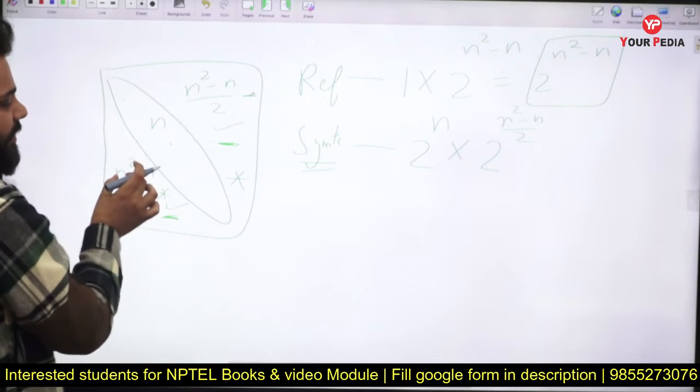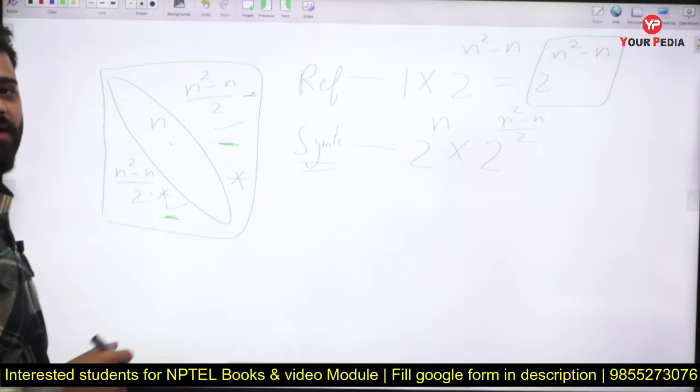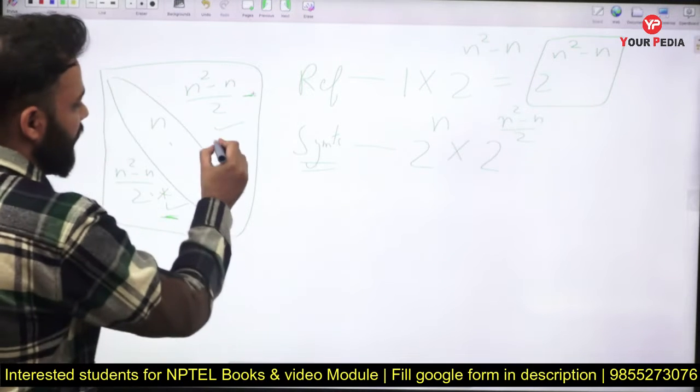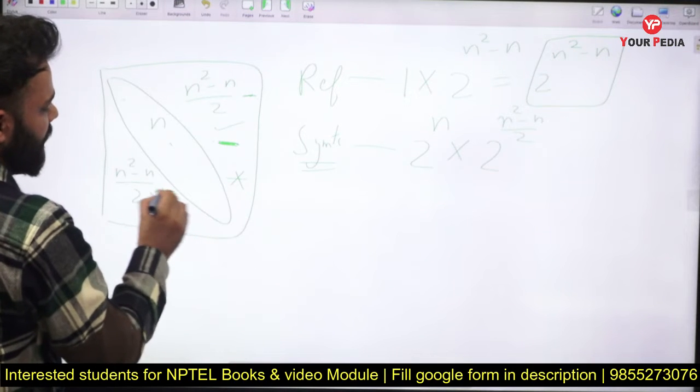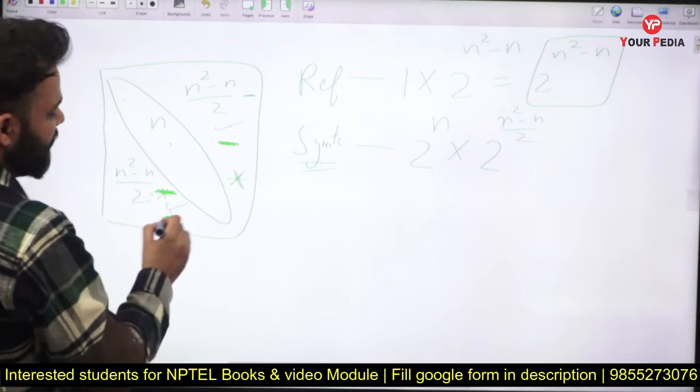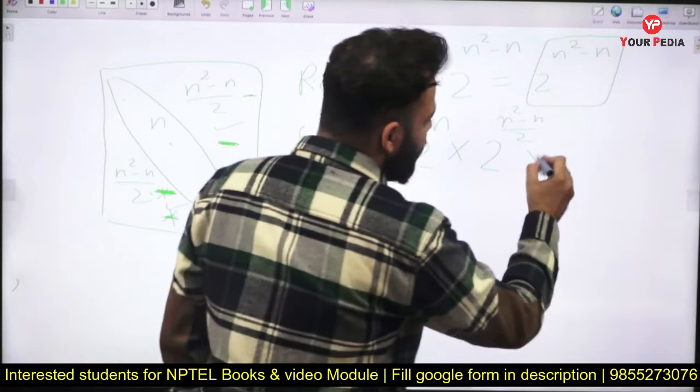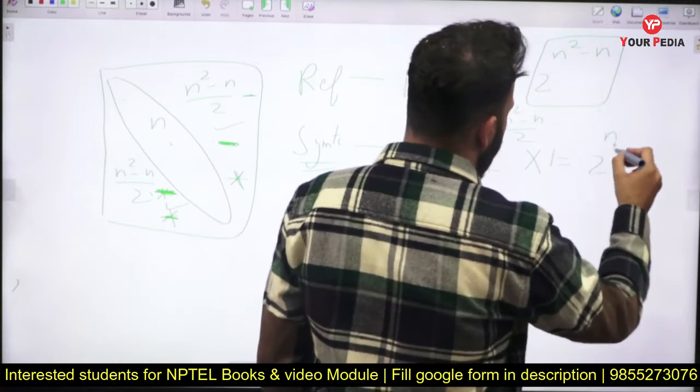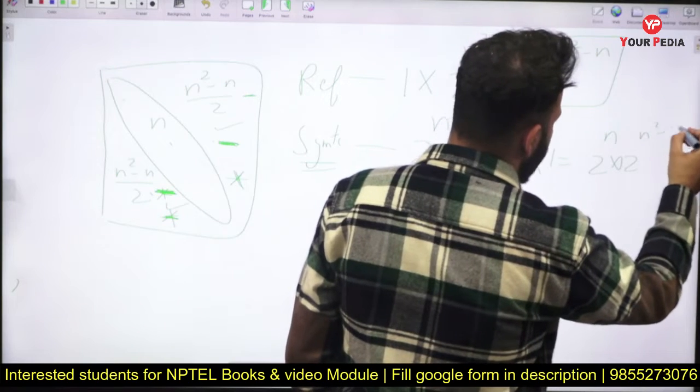If they are present, they will be present. If they are not present, they will not be present. In case of symmetric, if this is present, this should be present here. If this is not present, this should not be here. So again, only one. So 2 raised to power n into 2 raised to power n square minus n by 2.